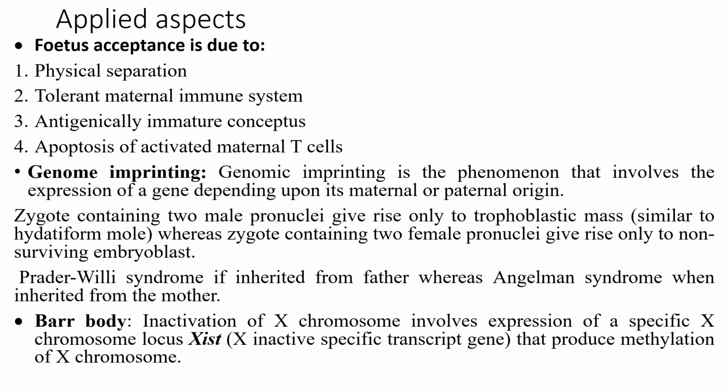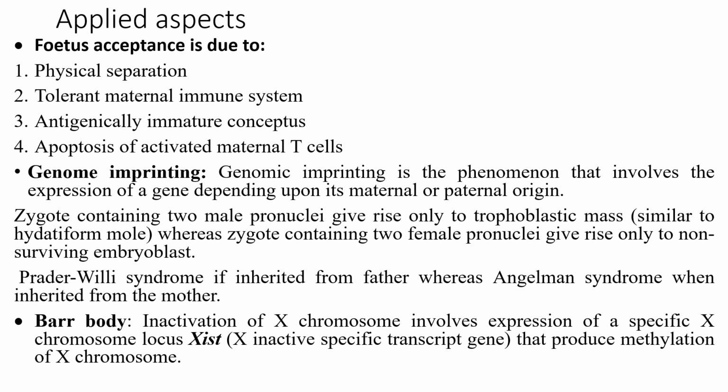Then the next is the Barr body. So what is the Barr body? In females we have one inactive X chromosome. We know that in the female embryoblast there is a pair of X chromosomes, so one of them is inactive irrespective of its parental source, whether maternal or paternal, but one X chromosome is always inactive.